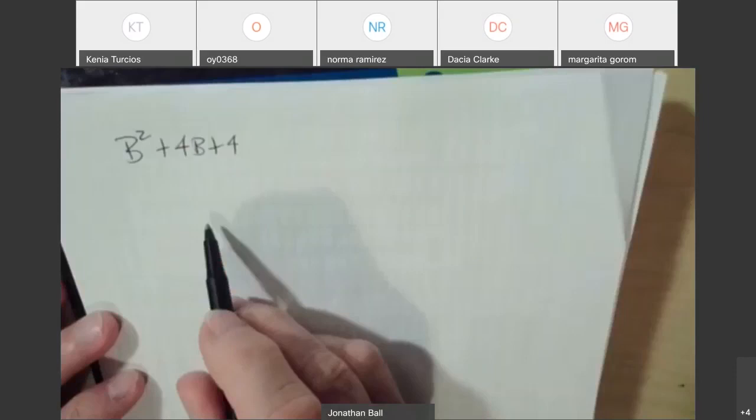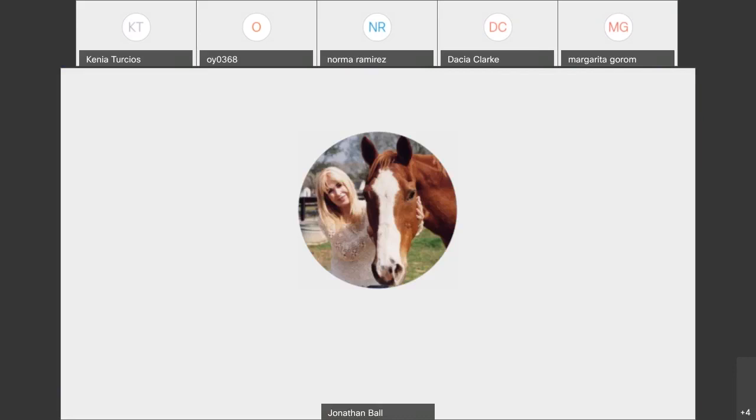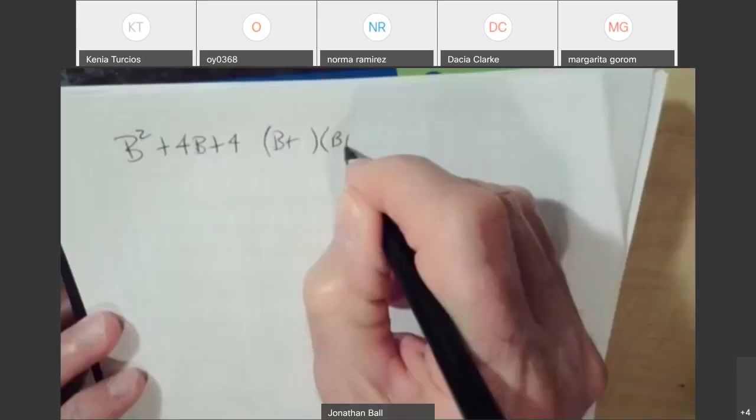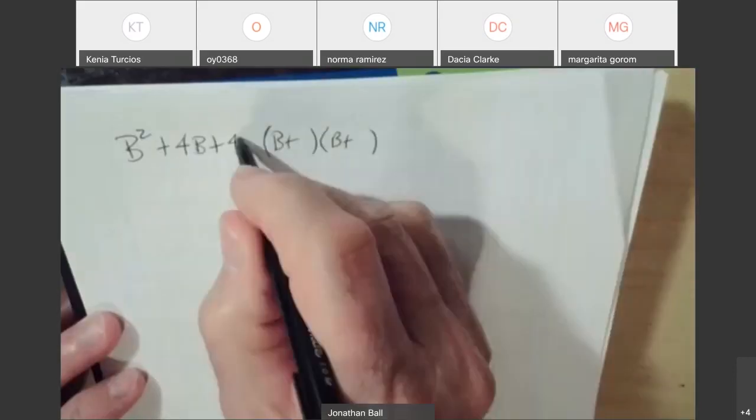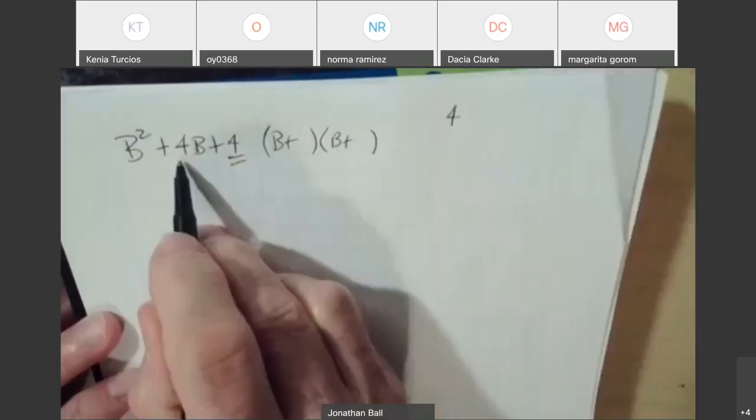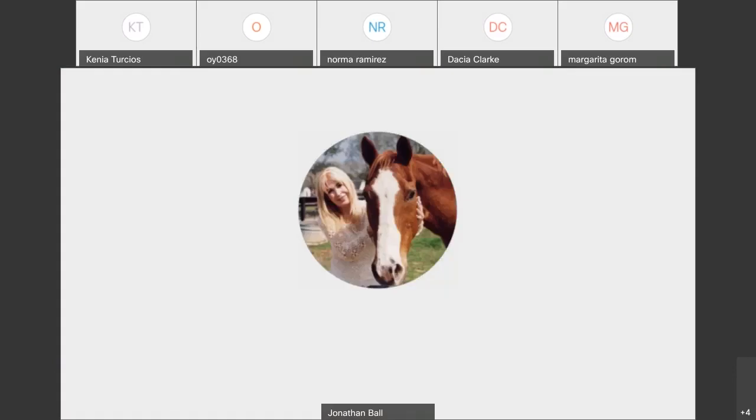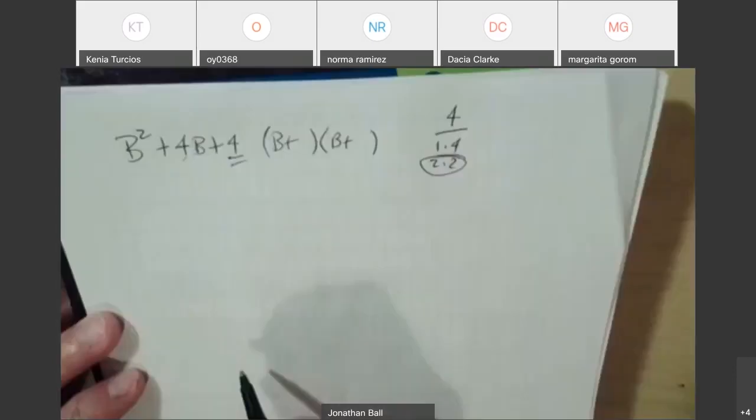Now again, everything in here is positive. So it's going to be b plus something and b plus something. Now we take this 4. What are the factors of 4 that add up to the linear term 4? 1 times 4 and 2 times 2. Obviously, it's 2 times 2, right?